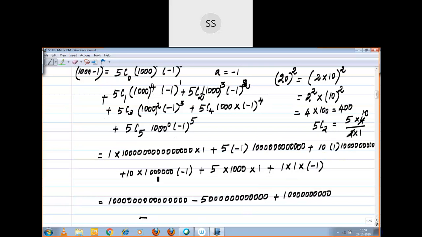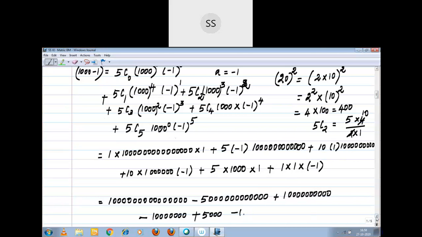Here you see 10. How many zeros are there? 9 zeros. So 10 into 9 zeros, we will get 10 zeros. 1, 2, 3, 4, 5, 6, 7, 8, 9, 10.